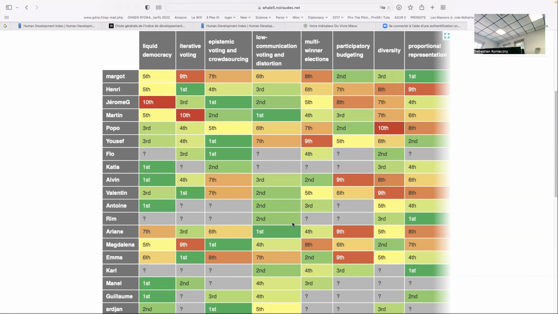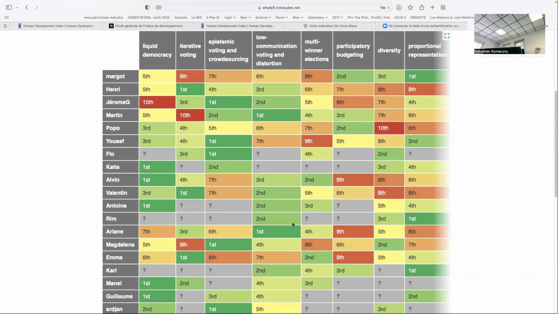So greedy Chamberlain Courant, you would first take the first Borda scores, and suppose that this is liquid democracy. Then the second candidate you select is the one that gives the highest marginal contribution of Borda score. So for instance, if you consider iterative voting, you see that for this voter, liquid democracy has been selected already.